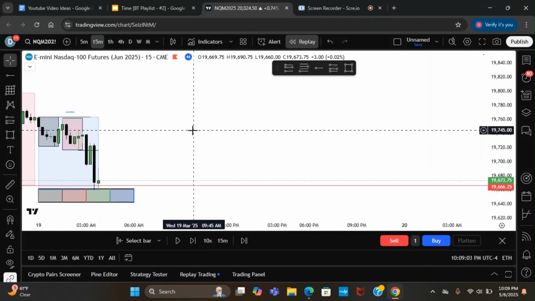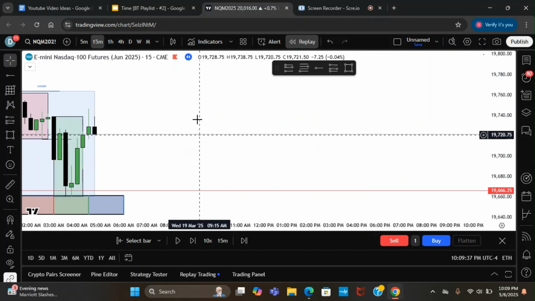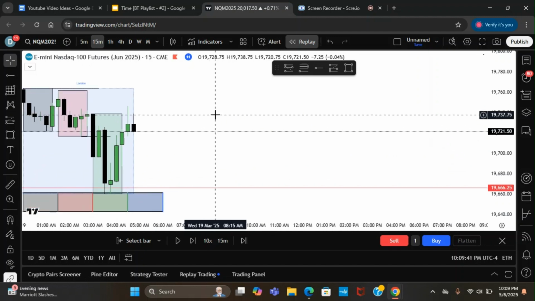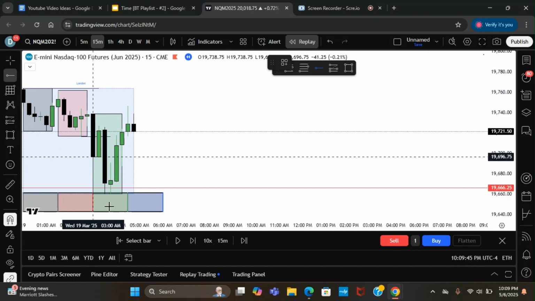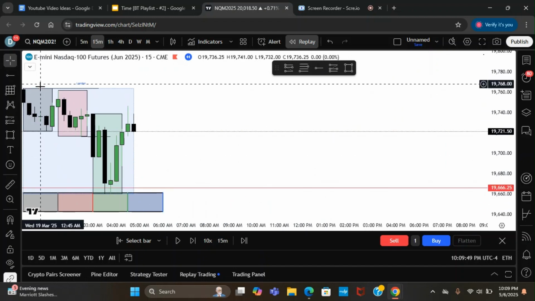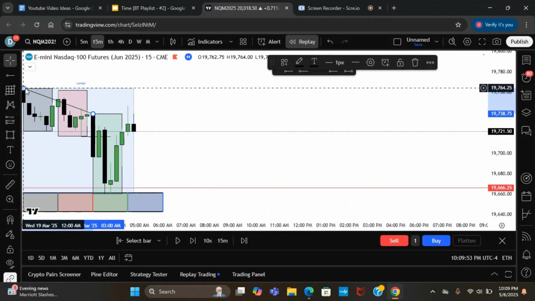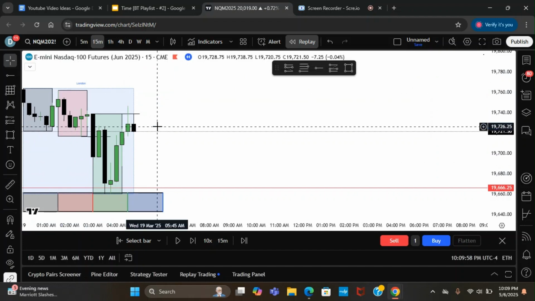So let's continue and let's see what price ends up wanting to do in Q4. Now, what is our objective? Q4 starts right here at 4:30. What is our objective for Q4? Continuation or reversal, which is exactly what we ended up getting.